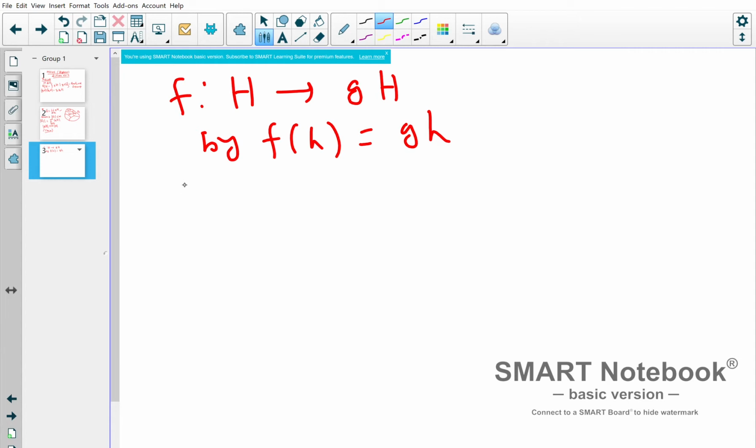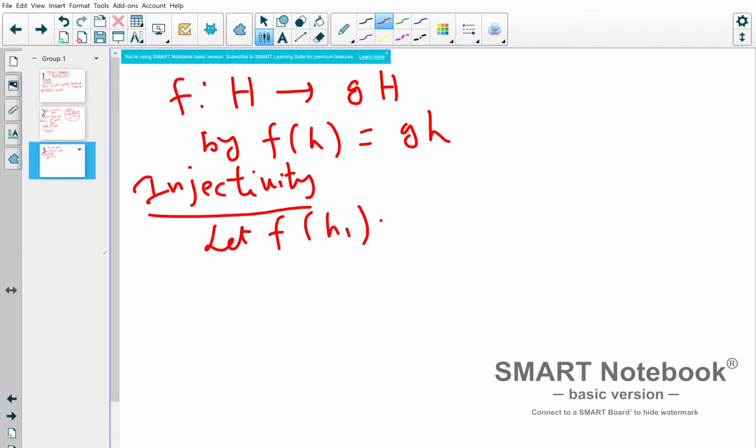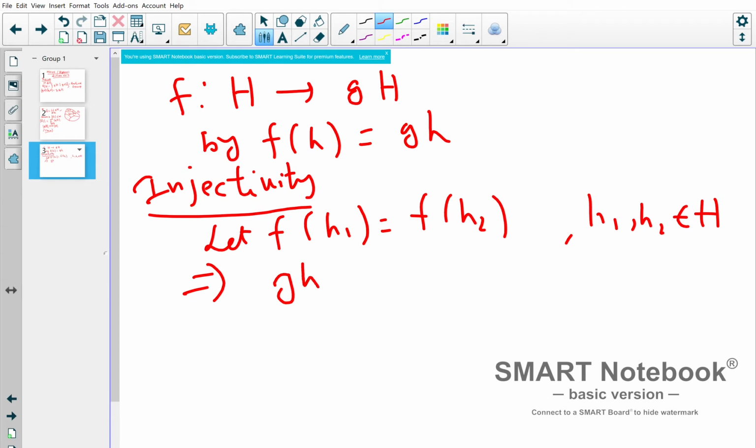This is obvious. Let us check injectivity. Let f of h1 equal f of h2, where h1, h2 belong to H. Suppose we have two such elements, then this implies gh1 equals gh2.